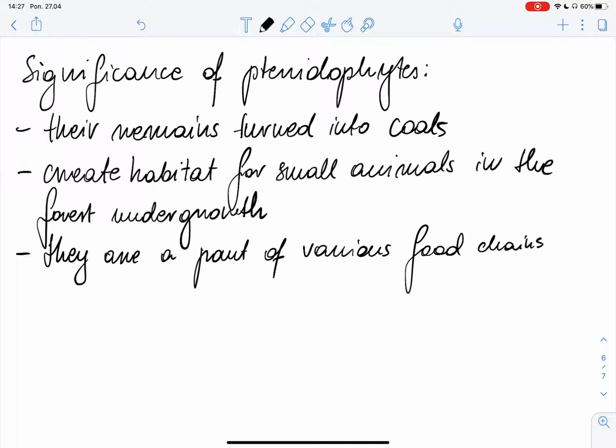If it comes to lycopods, if it comes to horsetails, they are used in medicine and they have been used in medicine for a long time because it turns out that the horsetails extract can be really helpful in curing problems connected with hair falling out, nails breaking, so they are a source of medicine.